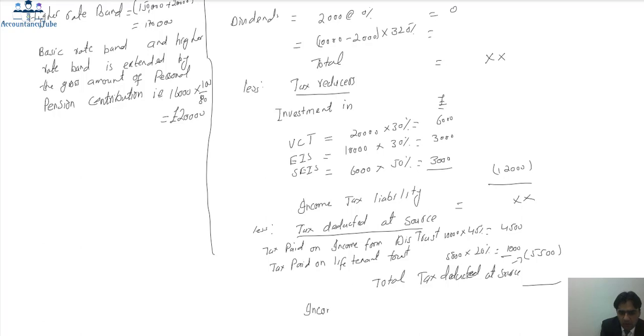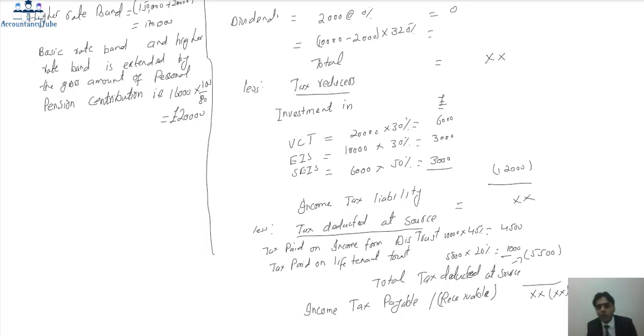So that would be our income tax payable if it is a positive amount, or receivable if it is a negative amount. Okay, so that's our income tax payable or receivable.